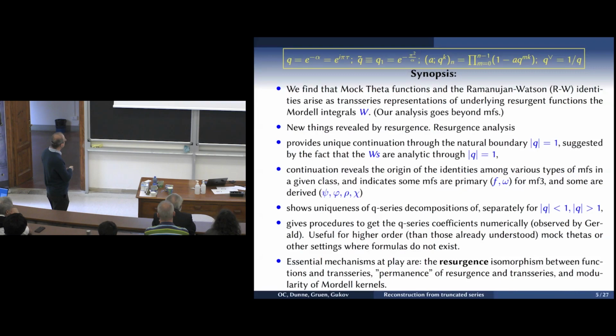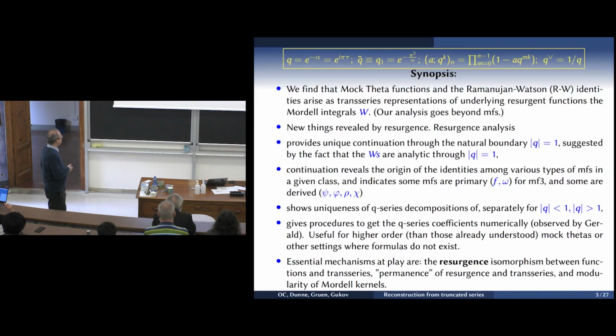Why on the other side, we'll see in a moment. Okay, it indicates, and then we proved, that you have a uniqueness of a Q-series decomposition of a Mordell integral, both on what we call the easy side, the trans-series side, which is beyond the boundary for Q greater than 1, and also on the more difficult side, which is the mock theta side.